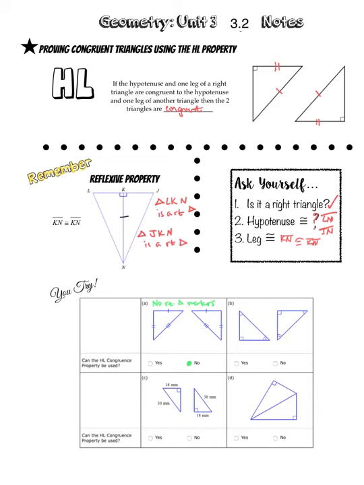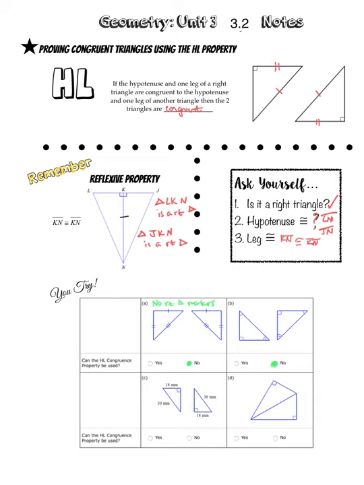Okay, let's look at the next triangle. Well, we do have right angles, but do we have anything showing that the hypotenuse and one leg are congruent? We do not. We do not know if those triangles are congruent. We know the right angles, we know all the angles are congruent, but we cannot use hypotenuse leg. And that's what the question's asking.